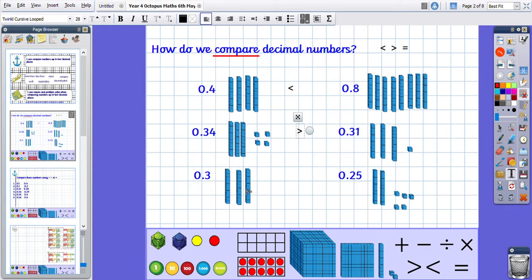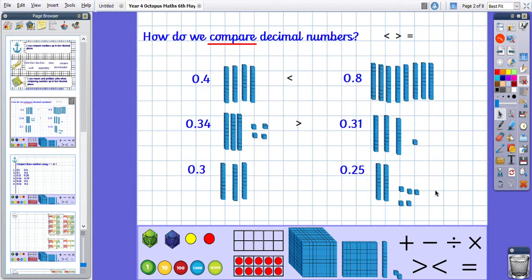So looking at them, which one is bigger? Well, they've both got 2 tenths. There's that one, and there's that one. Now 0.25's got 5 hundredths, but I know that 1/10 is equal to 10 hundredths.